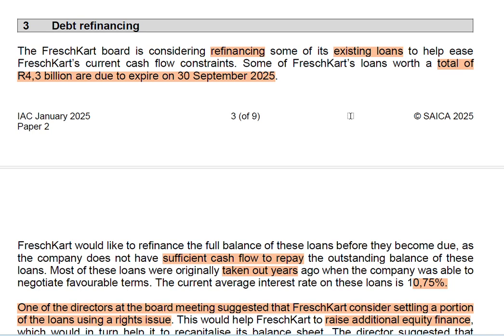It was talking about debt refinancing. The board was considering the refinancing of the existing loans. The total value of the existing loans that are due by 30 September 2025 is worth 4.3 billion. So by now we know that they need 4.3 billion by 30 September 2025.